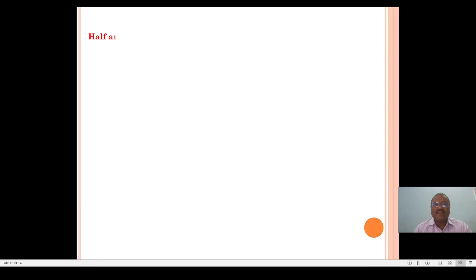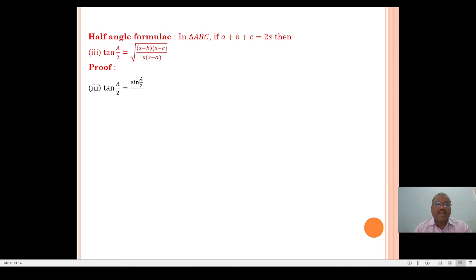And similarly, by the same method we prove the third formula: tan A by 2 equals root of (s minus b) into (s minus c) upon s into (s minus a). So we have tan A by 2 equals sin A by 2 upon cos A by 2. So substitute values.